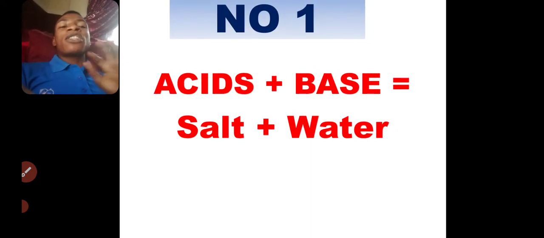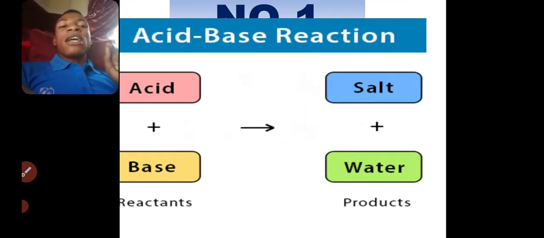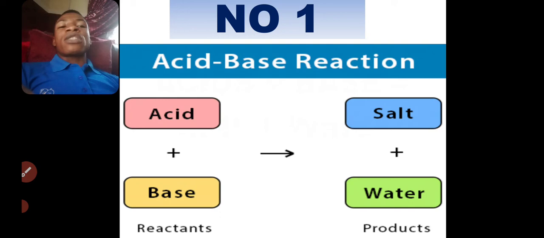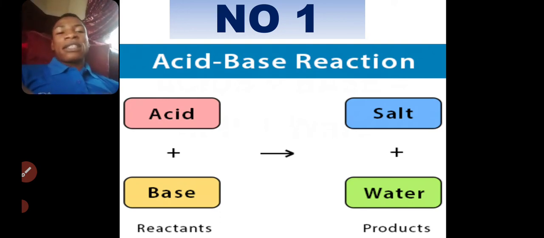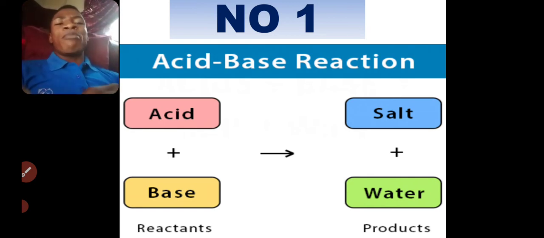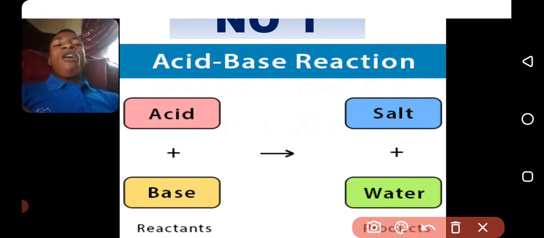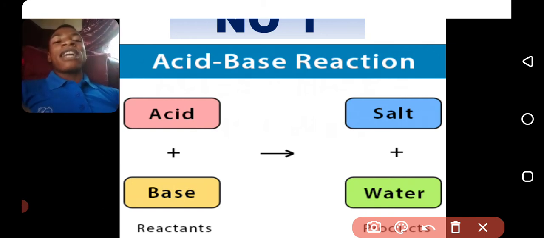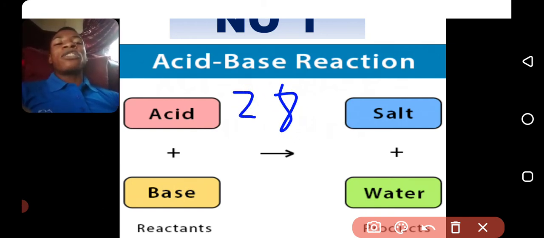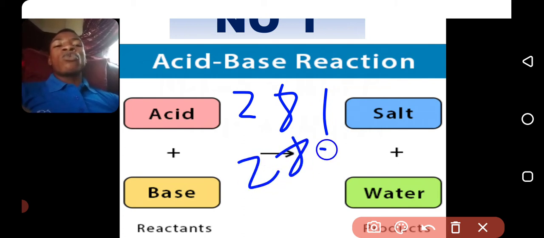The first one is the reaction of acid with base to produce salt and water. You might be wondering, what is the meaning of base? Bases are oxides of metals. Metals are elements that have valence electrons of 1, 2, or 3.